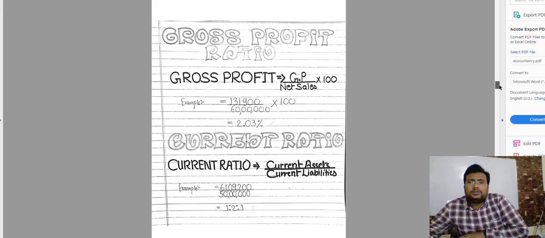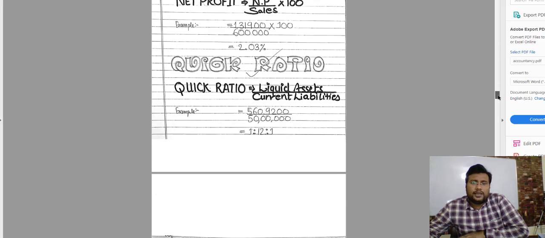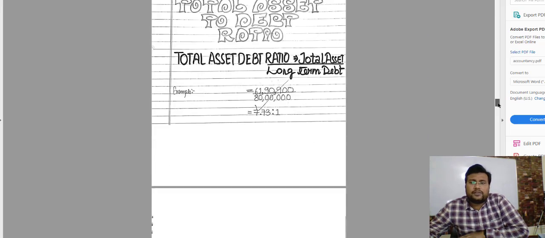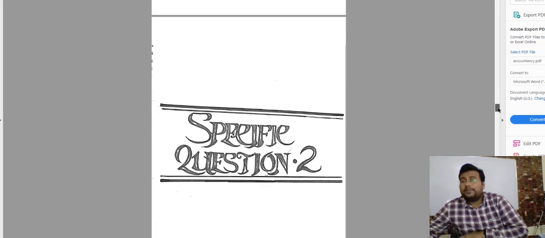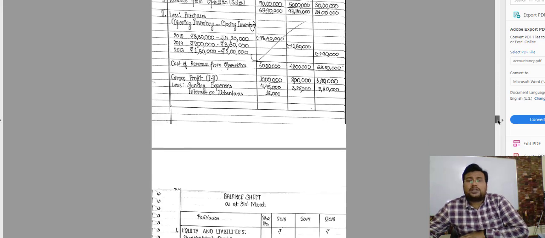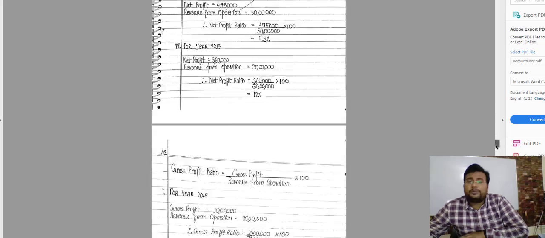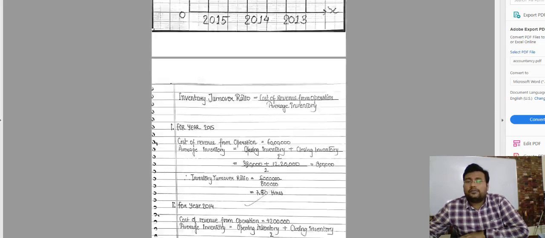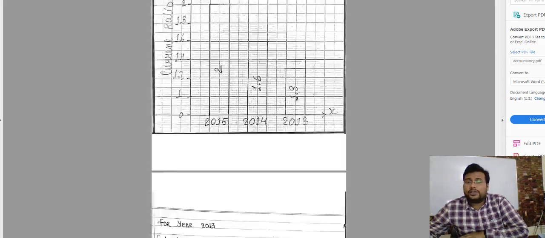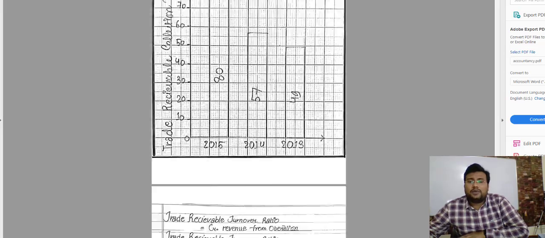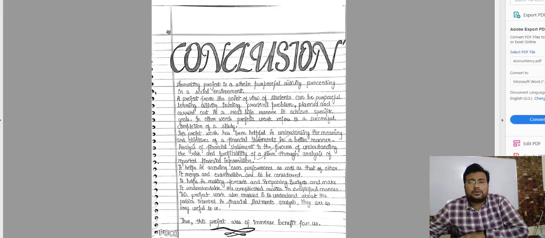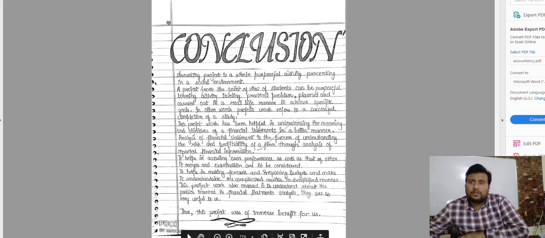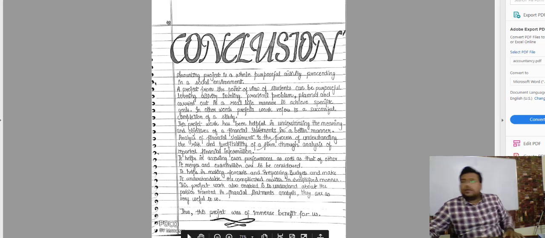And you find out certain ratios. On the basis of that, you can give the conclusion that the company is in a good position, or that the company has to focus on a particular area. Whatever conclusion you find with the ratio analysis, you have to show in your conclusion page. Okay, this is about the accountancy project.